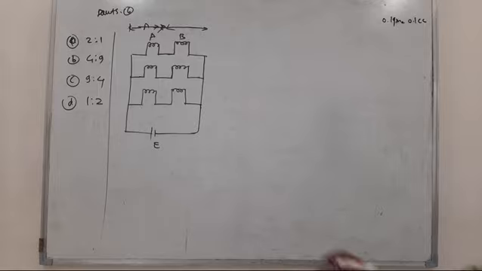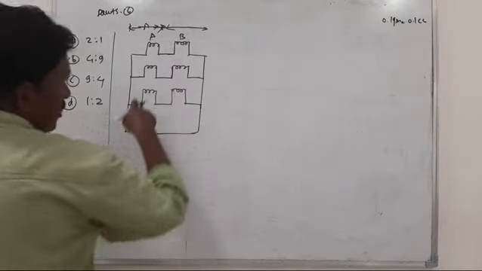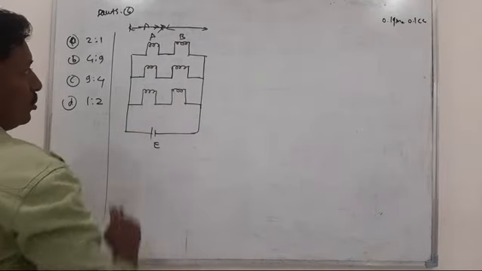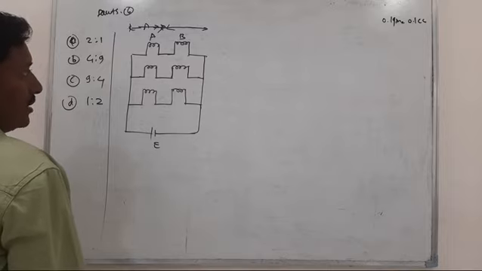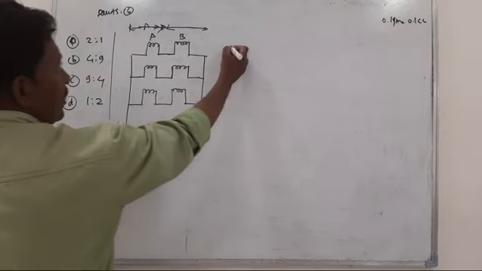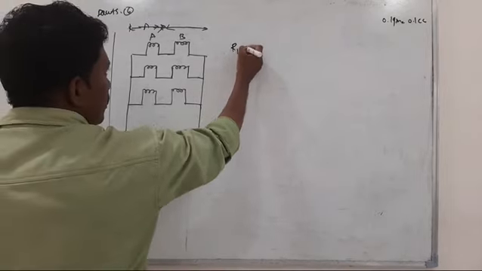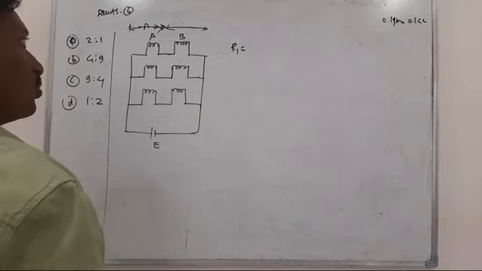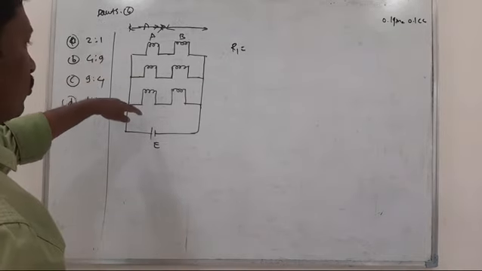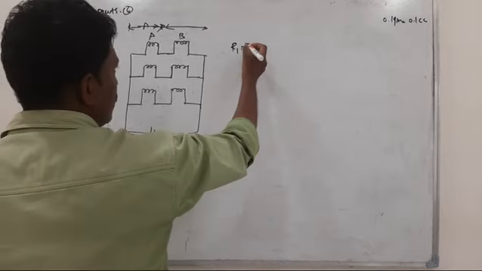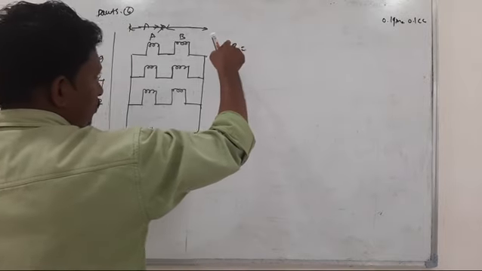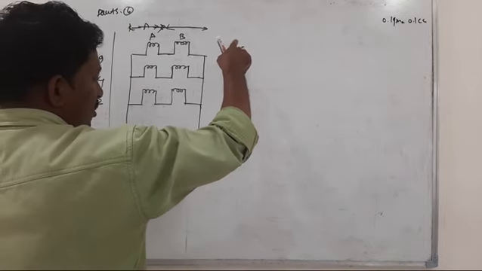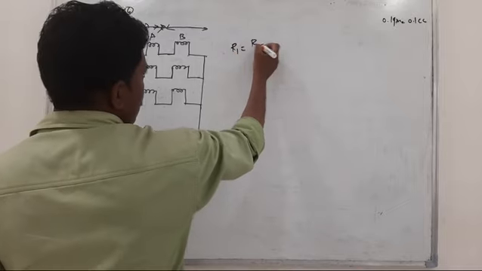Student, these 3 bulbs are in parallel combination. These other 3 bulbs are also in parallel combination. The equivalent resistance is what, student? 1 by R plus 1 by R plus 1 by R, that is 3 by R, so R by 3.